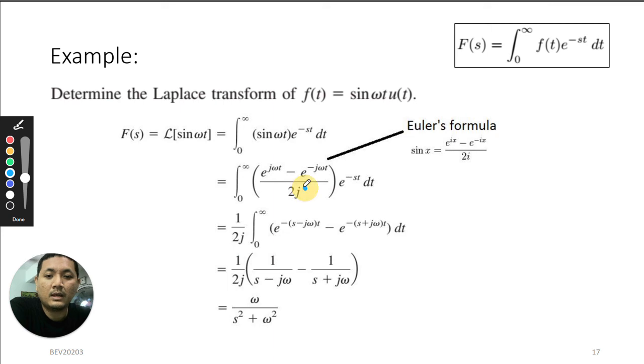Then we can bring the constant value outside, and from this component we can factorize, same as we did before. We come up with this, which is the final result after we integrate and replace with 0 and infinity. Try to solve, and you will get omega over s squared plus omega squared.